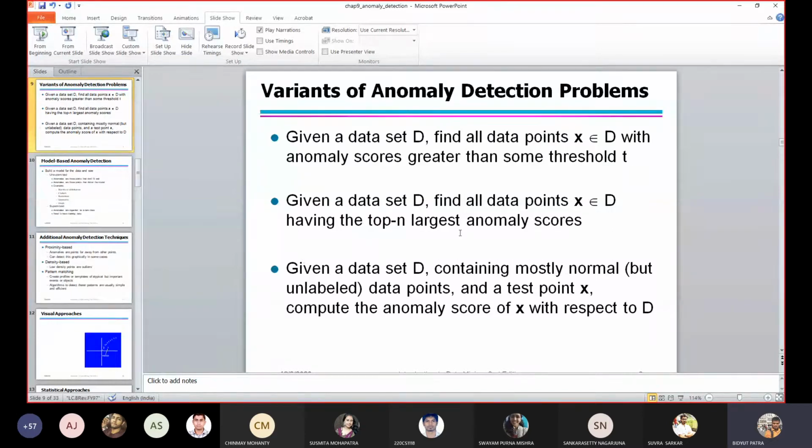Here you say, give me the top n points which your algorithm says are the most anomalous.